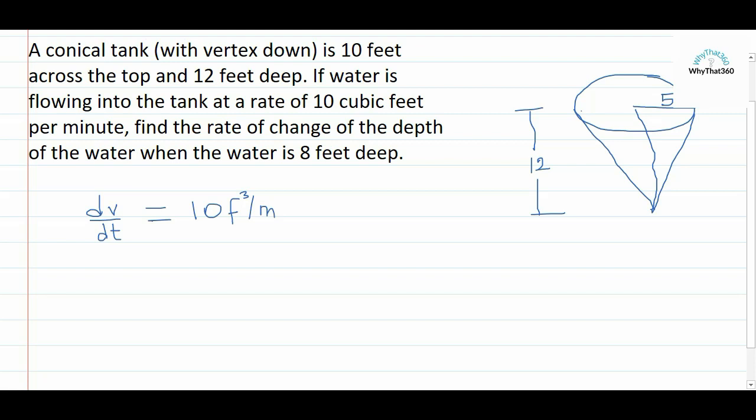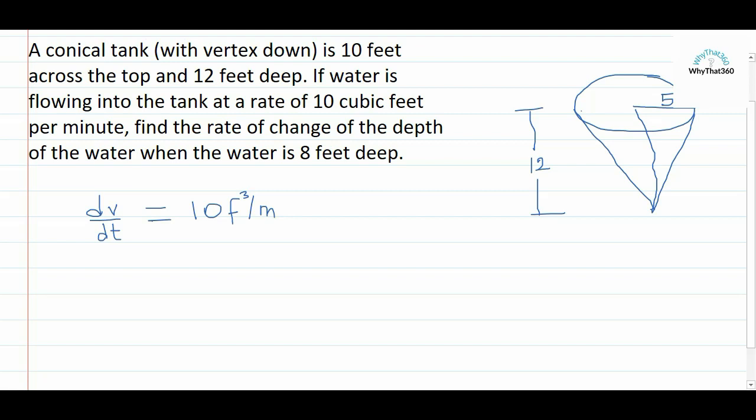And we have to find the rate of change of the depth of the water when the water is 8 feet deep.